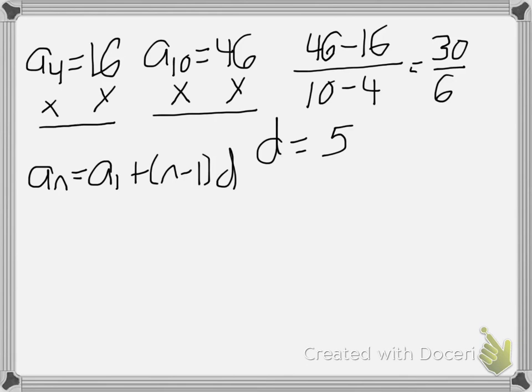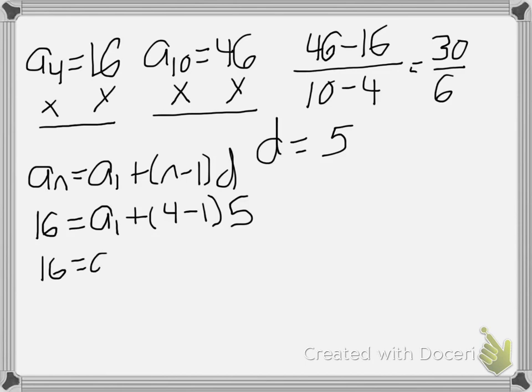All right, so I'm going to use the smaller numbers just because I can. So a sub n is 16. We don't know what a sub 1 is, but we do know that n is 4. So I have 4 minus 1, and we know our constant difference is 5. So I now have 16 equals a sub 1 plus 15. So 1 equals a sub 1.